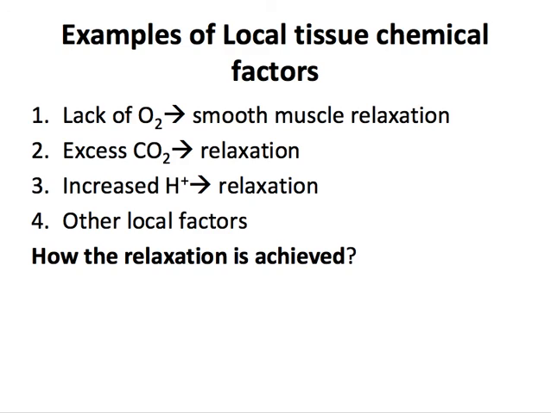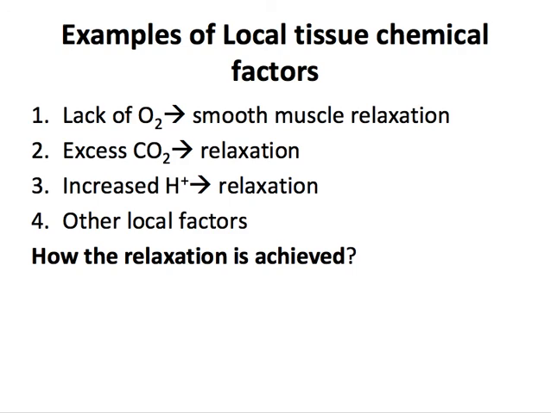Here are the examples of local tissue chemical factors, which include lack of oxygen, which results in smooth muscle relaxation, and other examples are excess of carbon dioxide and increased hydrogen ion concentration, both of which result in relaxation. But how is this relaxation achieved?